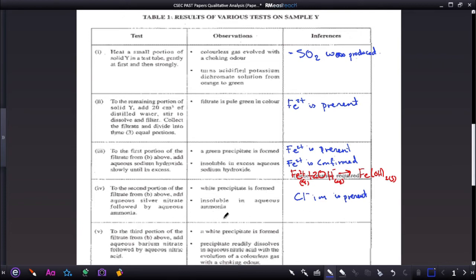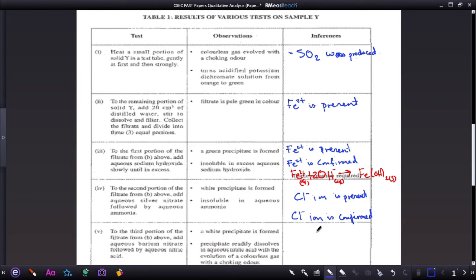And they are saying that it is insoluble in aqueous ammonia, and this confirms the chloride ion, because the chloride ion would be insoluble in aqueous ammonia dropwise, but it would be soluble in excess ammonia, and we can use that to confirm that chloride ion is indeed present.